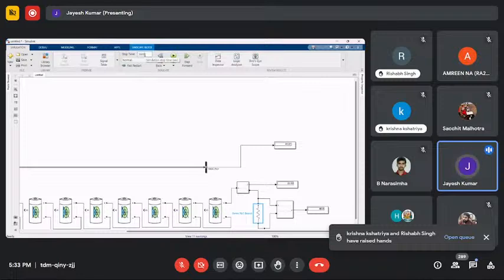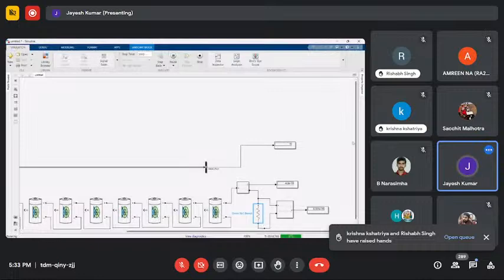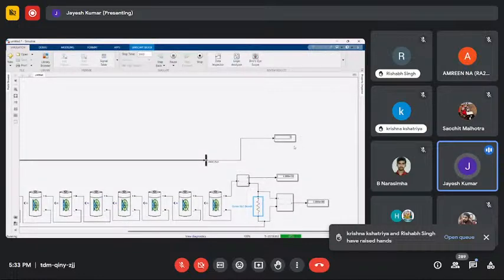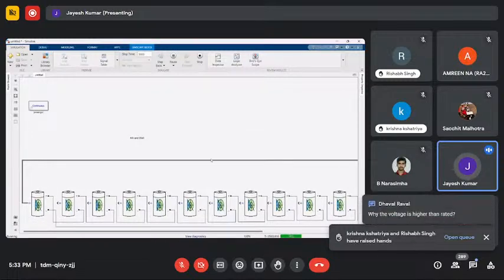For the hour, it's 3600 seconds. So while simulating, it may be 0%. Yes, for 1 hour, it may go to 0%. Or you can also take this battery pack, as I have assumed, as a battery pack of 1C.